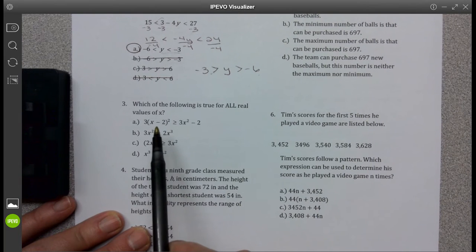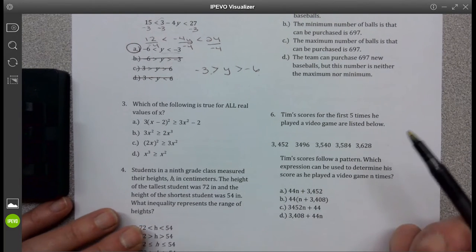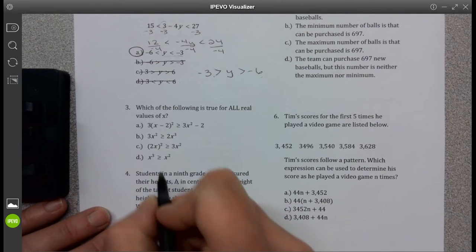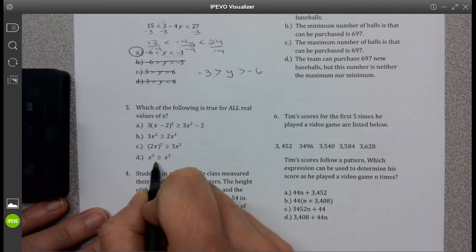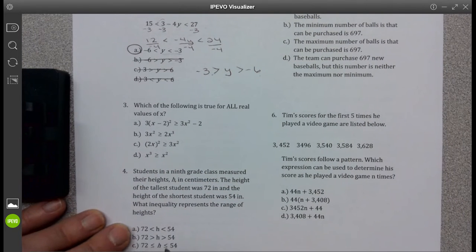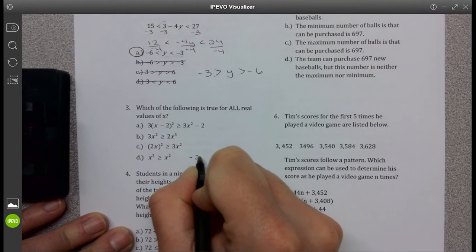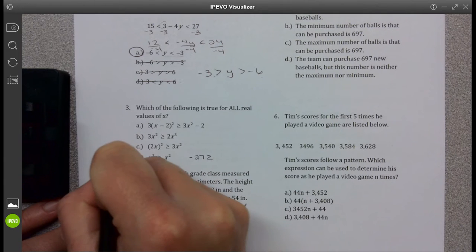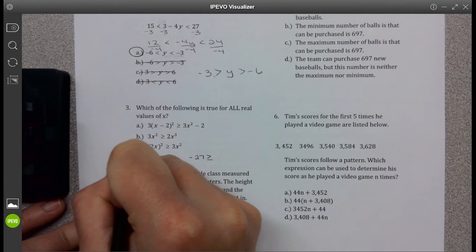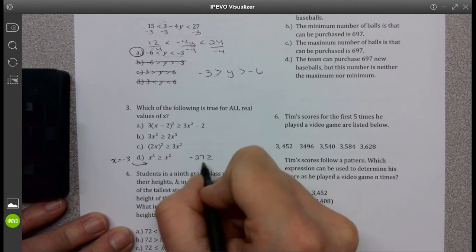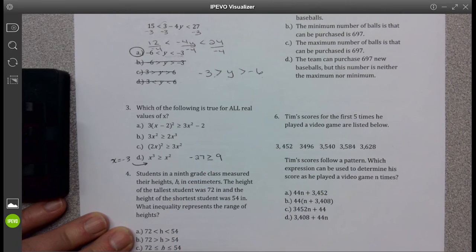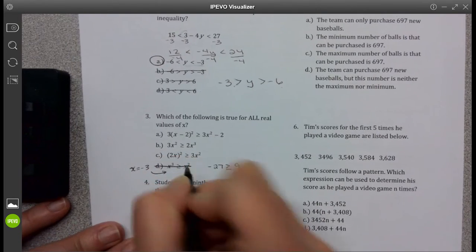It's pretty much going to be the same. So let's try some negative numbers. Let's try a negative 3. If I put negative 3 in here, I'm going to get negative 27 is greater than or equal to 9. Is that true? No, that doesn't work.